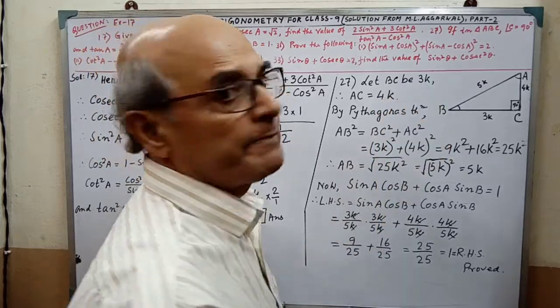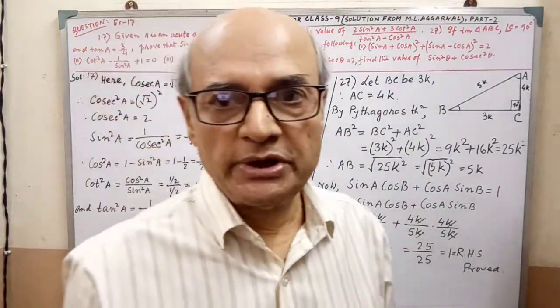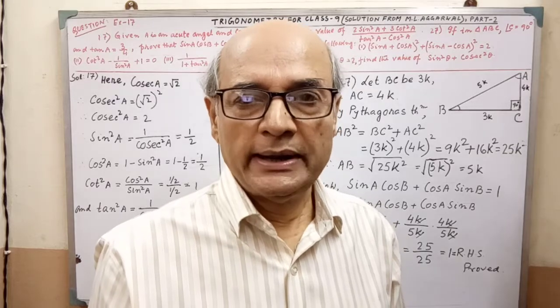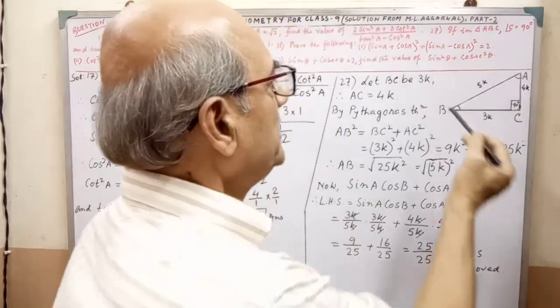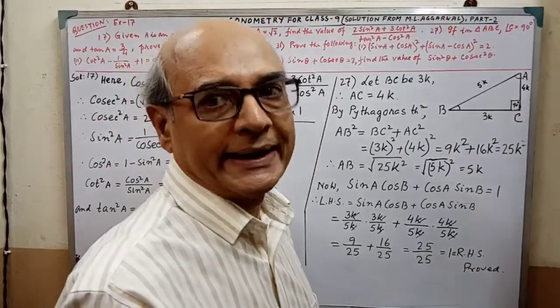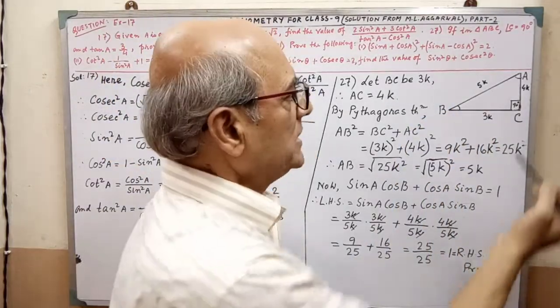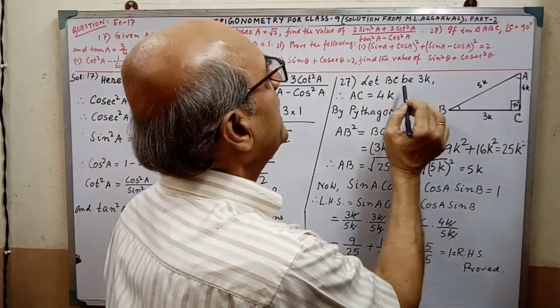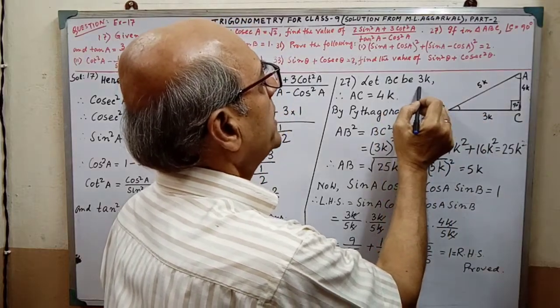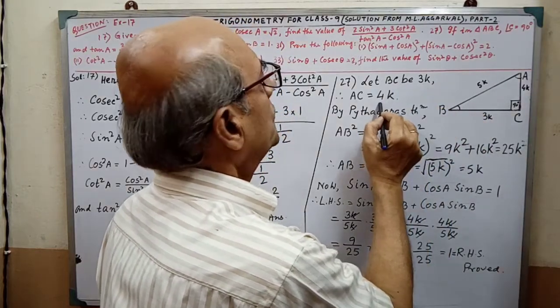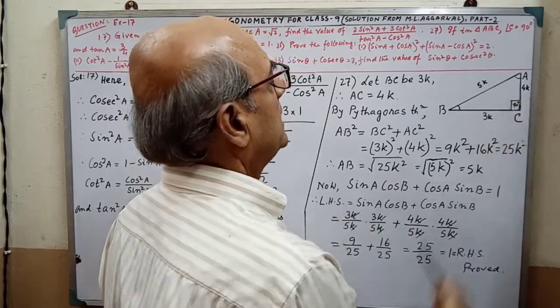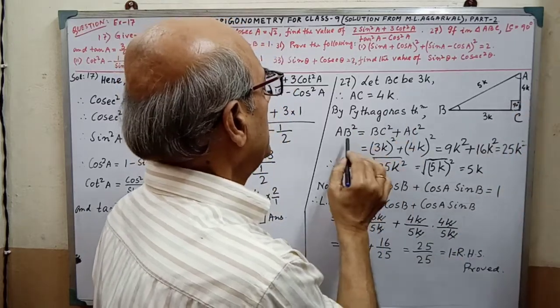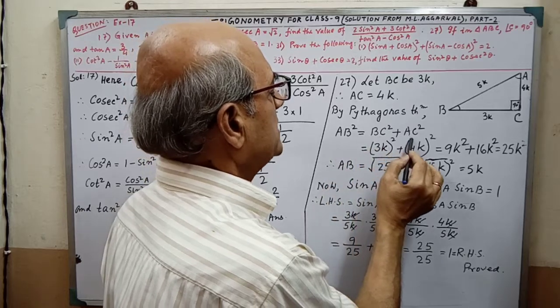Why 3K? This is the ratio 3:4. Ratio is not the exact length. The exact lengths will be 3K and 4K. If you see in the problem that a ratio is given, then you have to take the lengths in this way: BC equals 3K and AC equals 4K. After that, we have to find the value of AB. From the Pythagoras theorem, AB square equals BC square plus AC square.